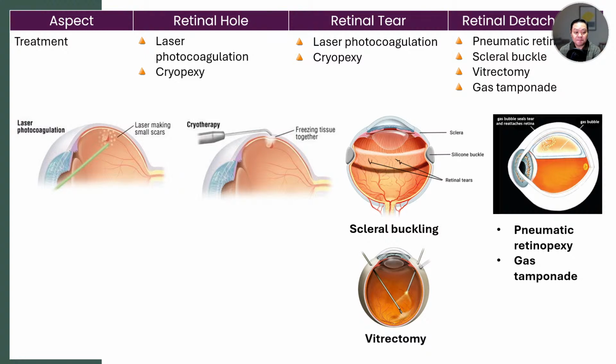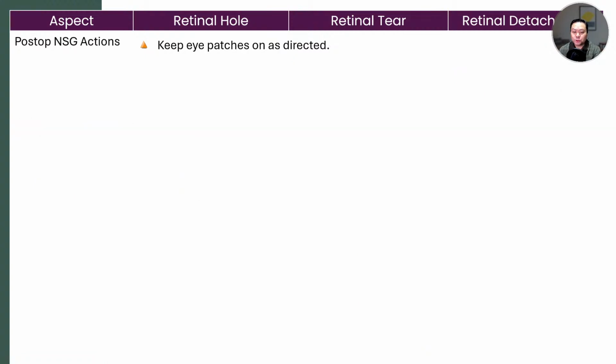Okay. Now, this time we'll talk about the post-op nursing actions, which is something that you should internalize. This is possibly going to come out in your test. So you want to make sure that the patient wears the eye patches as directed.